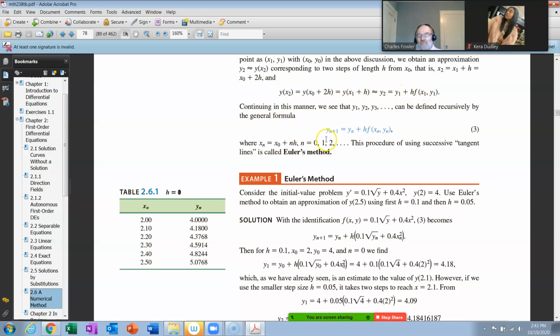So here is your recursive formula. y sub n plus 1 is always y sub n plus h, your step size, times f evaluated at xn, yn. That's your slope there. And that procedure uses successive tangent lines. It's called Euler's method.